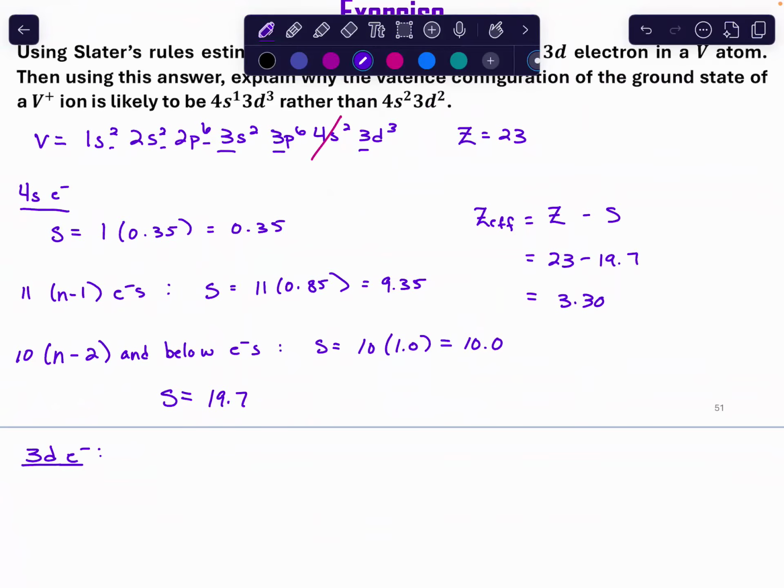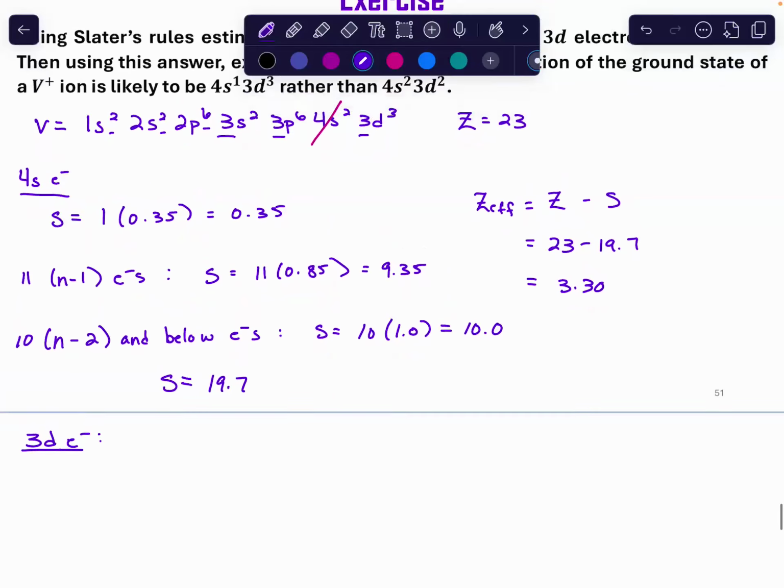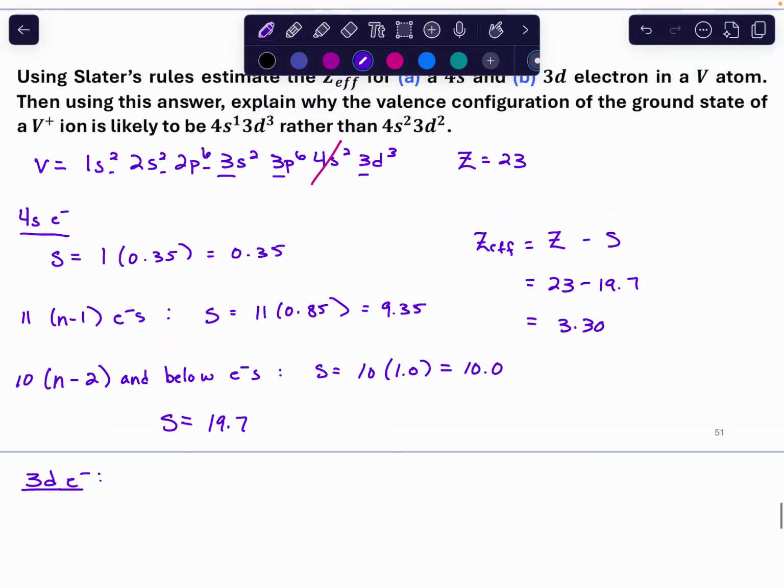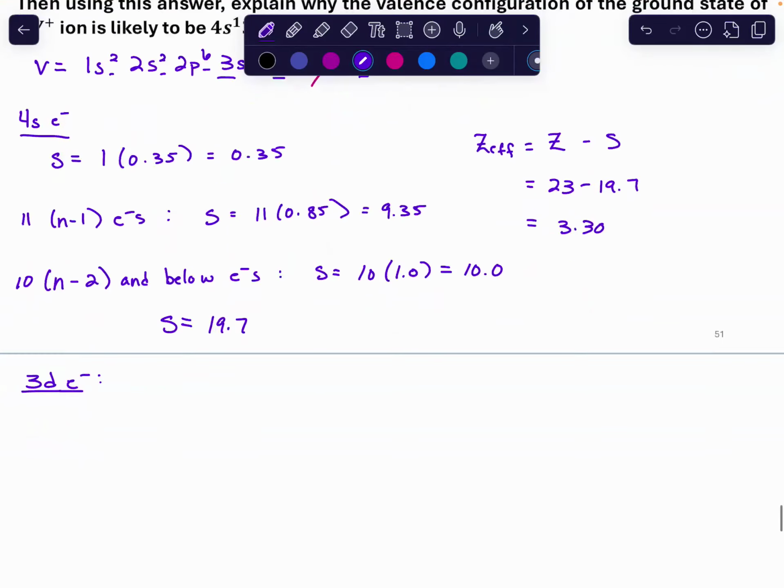Those aren't going to contribute to shielding because they're further out than the 3d electrons. I have 3d electrons, which means I'm looking at one of them and I have 2 more. I don't have any 3f, so the only electrons in the 3d, 3f group are those 3d electrons.